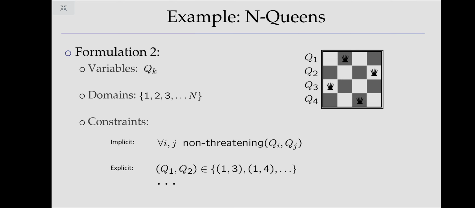Because if I decide about row 1, at most one of the cells is used for a queen. Because of that, there is no need for two dimensions.